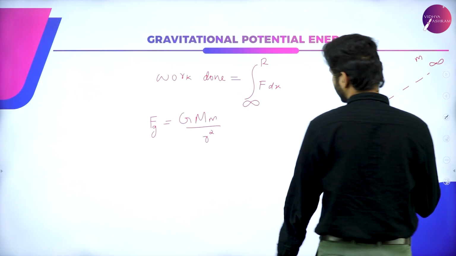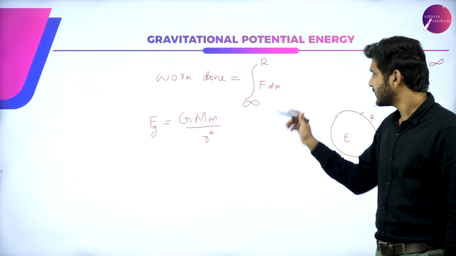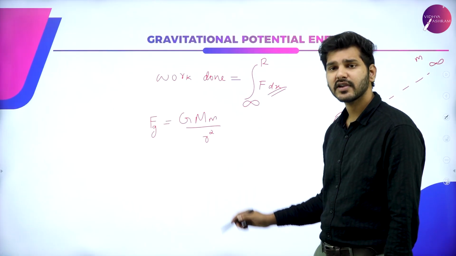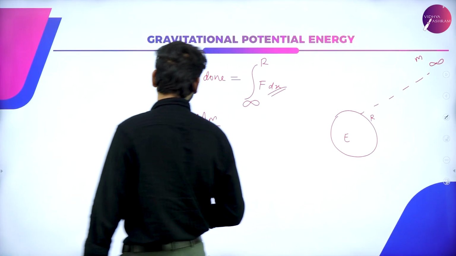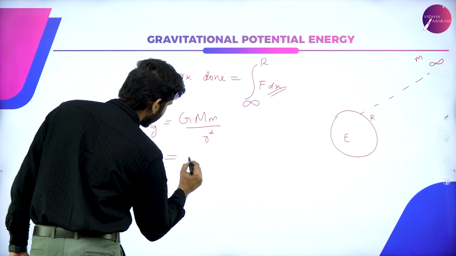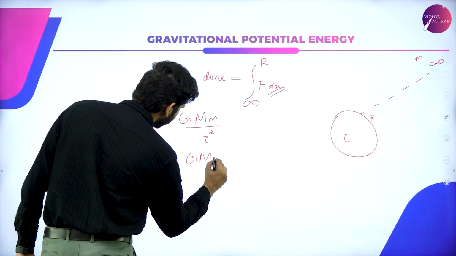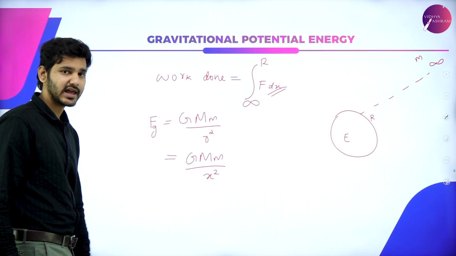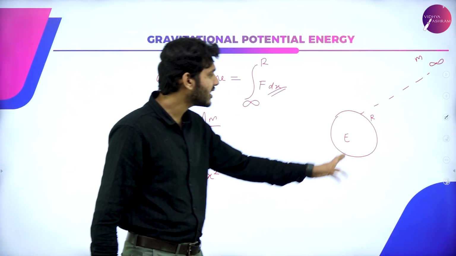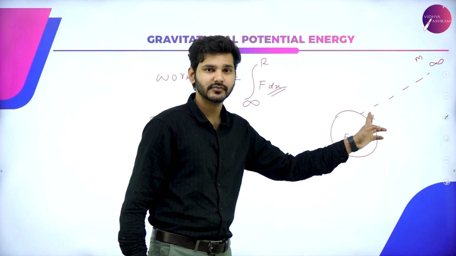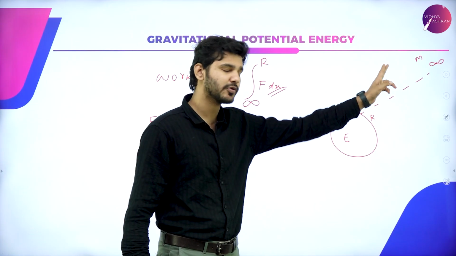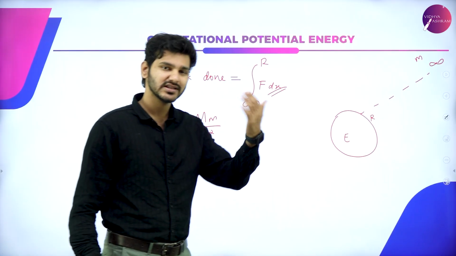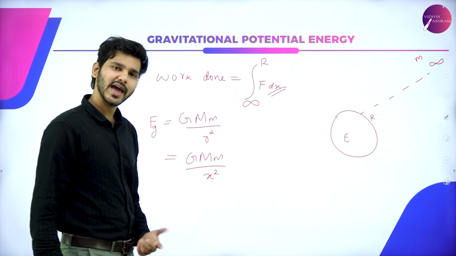You can also take x, since we are taking dx here. So this equation should be written as G capital M small m divided by x squared. Again, x is the distance between these 2 points. The changing displacement or change in distance is indicated by x.